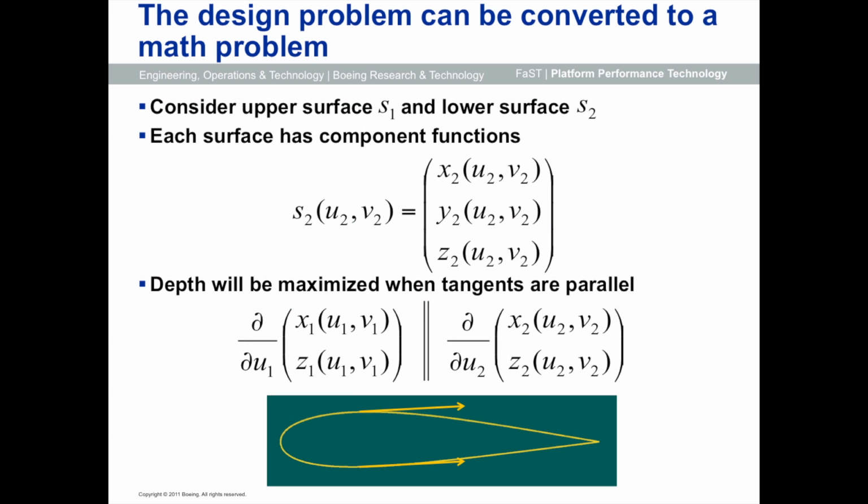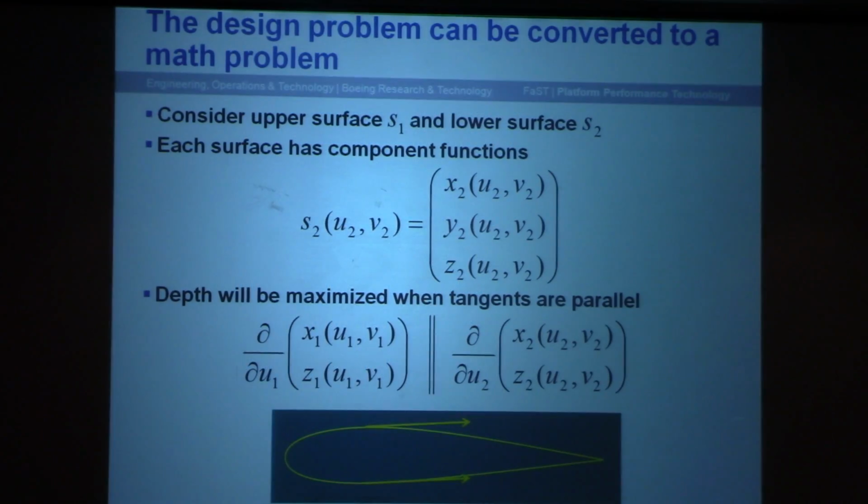Well, imagine I have a wing upper surface and a wing lower surface. What I want to do for each span location is to locate the place where the tangent vectors for the upper surface and the lower surface are parallel to each other, kind of as I've drawn right here.